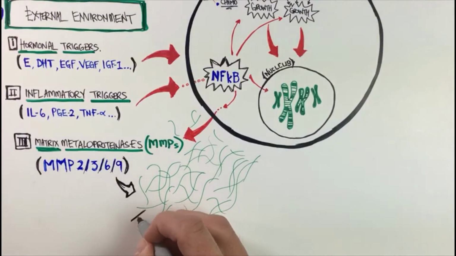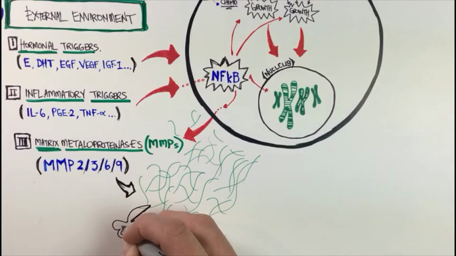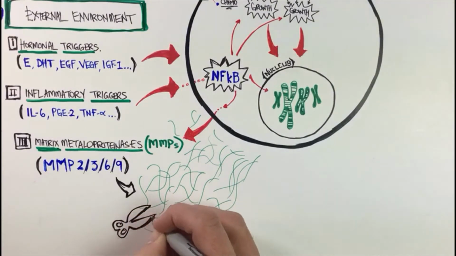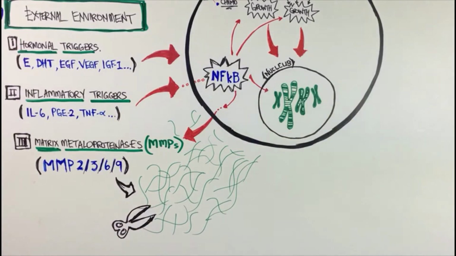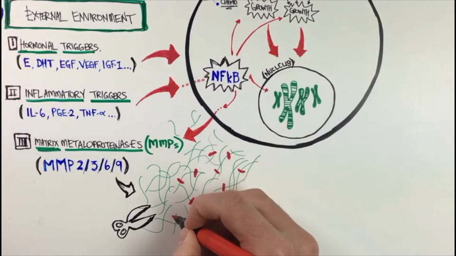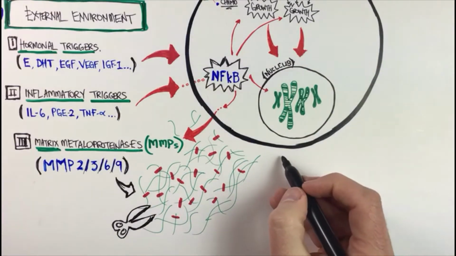And so what a cancer cell can do is release these MMPs, and I'll draw a little set of scissors here. They are molecular scissors. So matrix metalloproteinases, when released into the immediate environment, can start to cut away at the network of this connective tissue that provides structure.